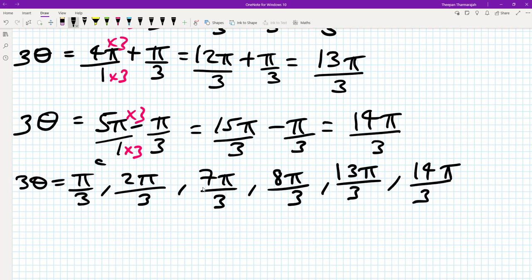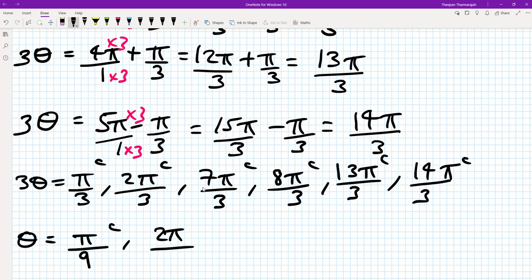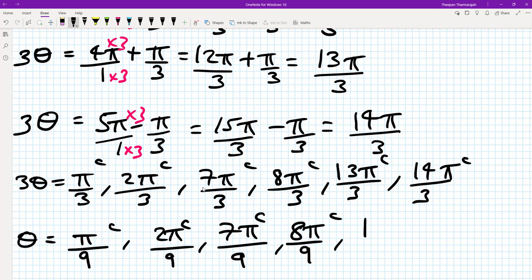Now these are all in terms of radians. Don't forget the little c means radians. And then we just divide everything by 3, and we get the final solution to be pi over 9, 2 pi over 9, 7 pi over 9, 8 pi over 9, 13 pi over 9, and then 14 pi over 9 radians.